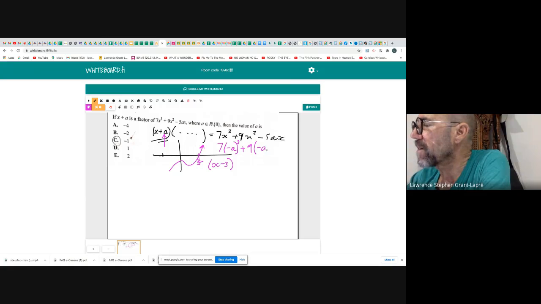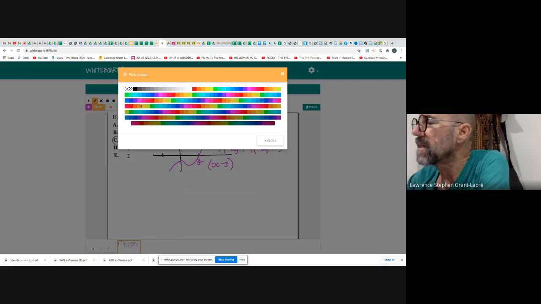And it's also a little bit of common sense about knowing where it crosses on the negative. Hang on, we're not substituting -a for a. We're substituting -a for x.